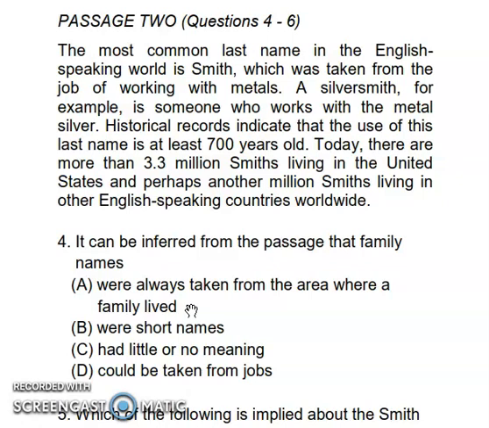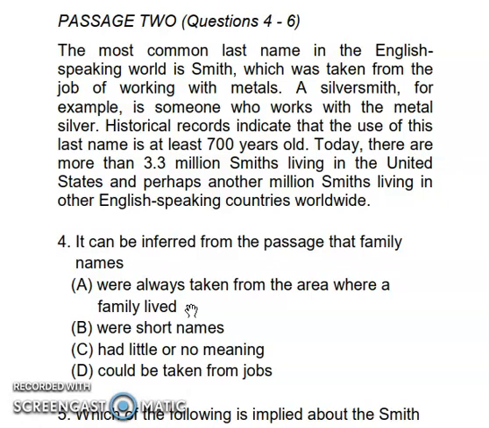So what does the text talk about? When you read it again and again, the answer must be D. So Smith could be taken from jobs, right? That is the job of working with metals, right? Yes. So here it indicates that family names can be taken from jobs, I mean from the jobs people do.